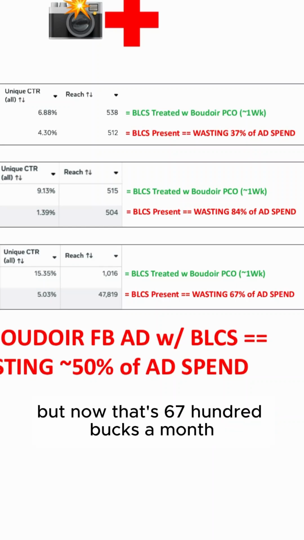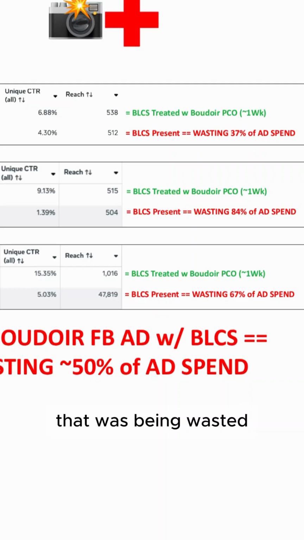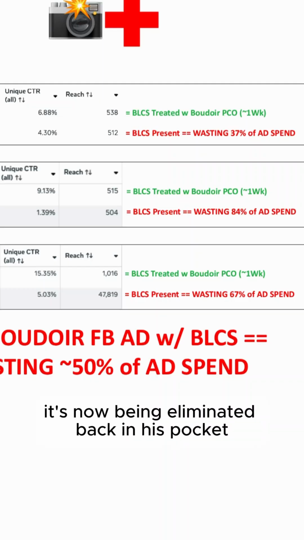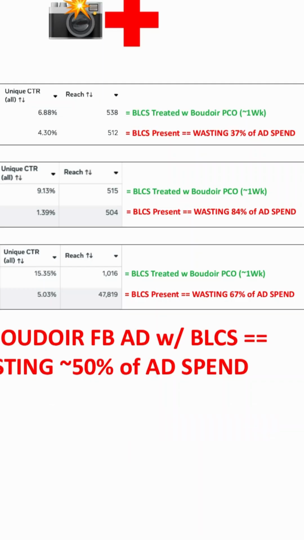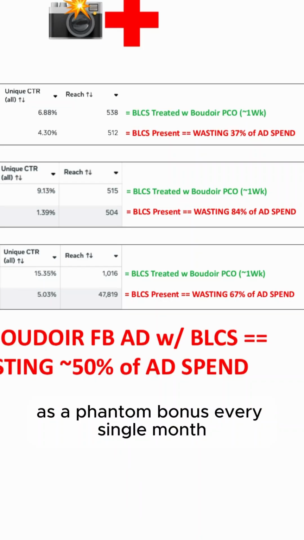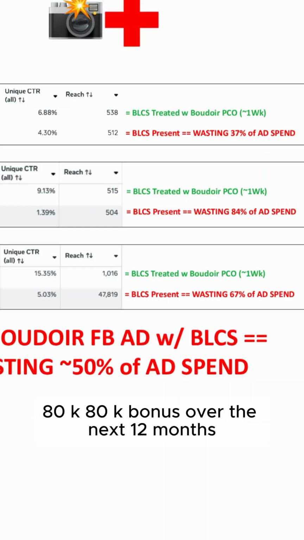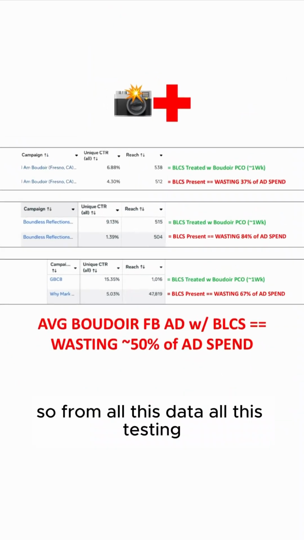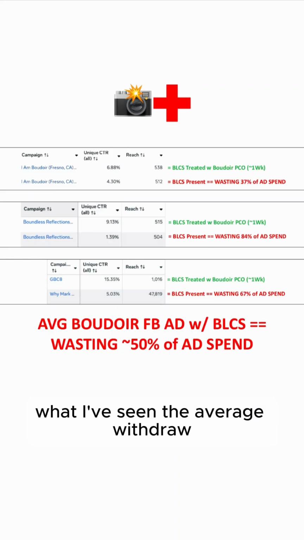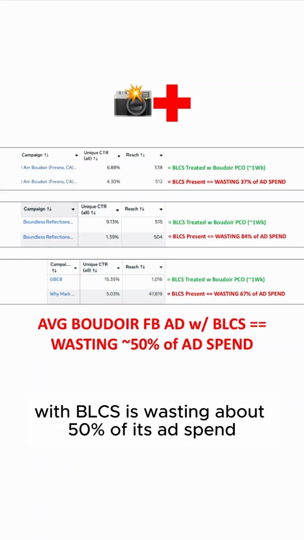But now that 6,700 bucks a month that was being wasted is eliminated and back in his pocket. He doesn't have to spend it, a phantom bonus every single month. Basically like, what's that, 80K bonus over the next 12 months. So from all this data, all this testing, what I've seen, the average boudoir Facebook ad with BLCS is wasting about 50% of its ad spend.